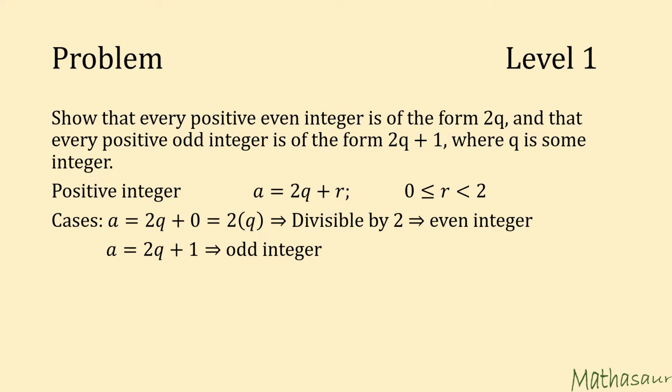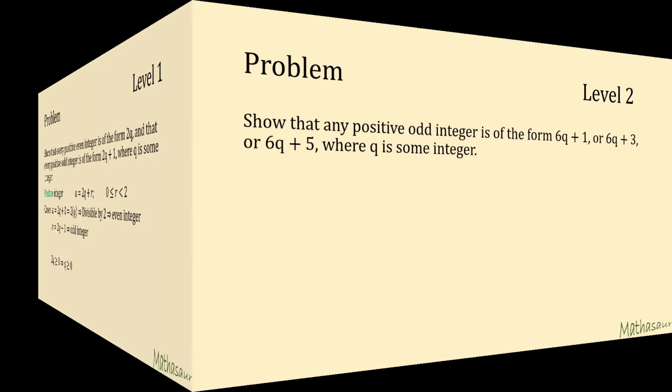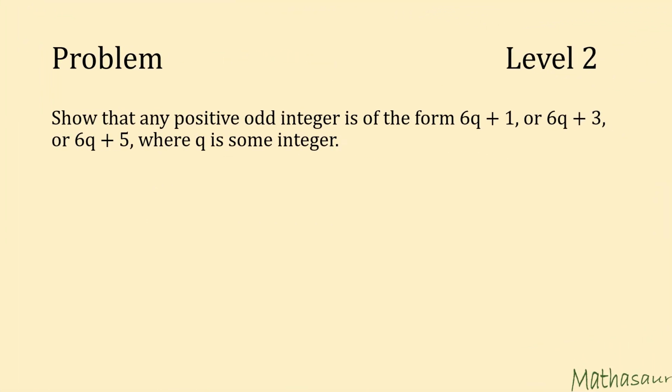So we are applying simple logic here. If 2q is even, then 2q + 1 has to be odd. Now we are talking about positive integers, which means that 2q has to be greater than or equal to 0, or q has to be greater than or equal to 0. Let us look at another problem.